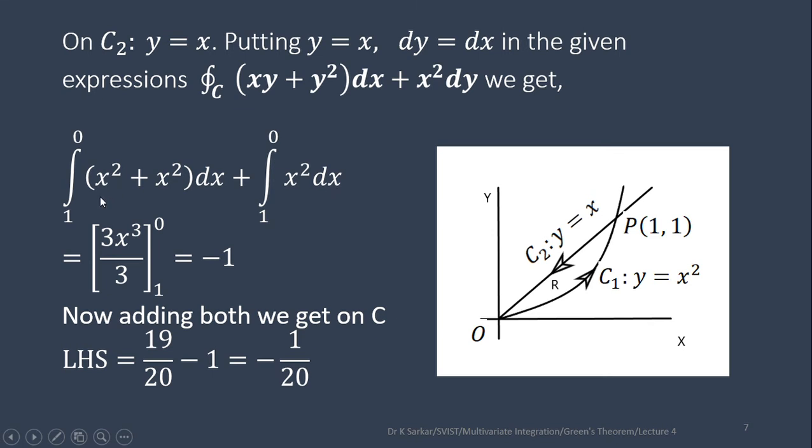And here the x limit is 1 to 0. Why? Because x starts from 1 and ends at 0. You can find the line integral and the value is minus 1. Now we can add both of these values. We are getting the left hand side as minus 1 by 20.